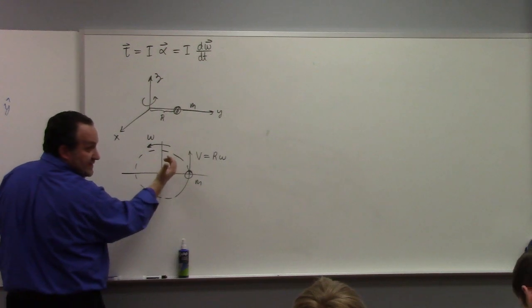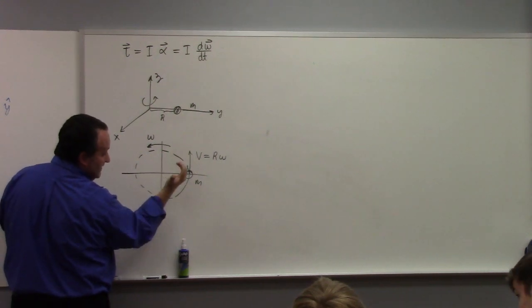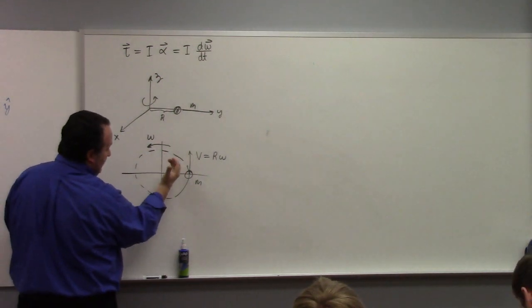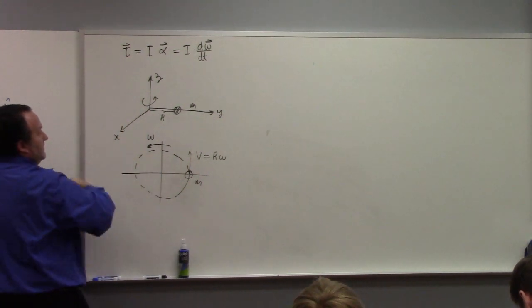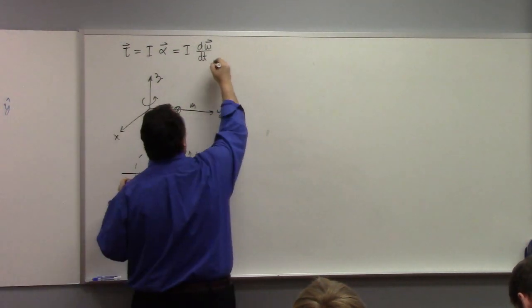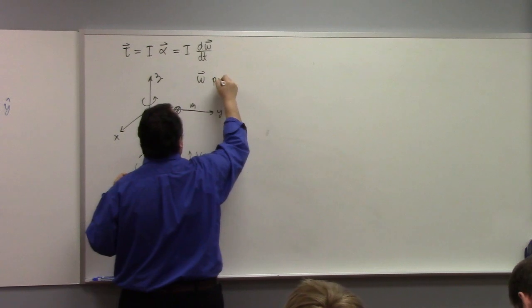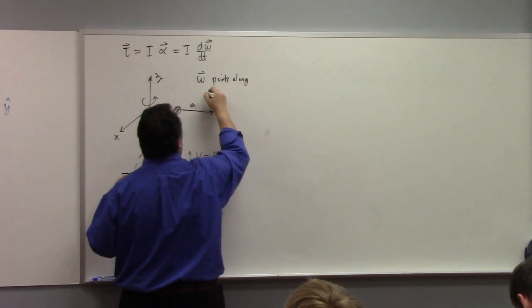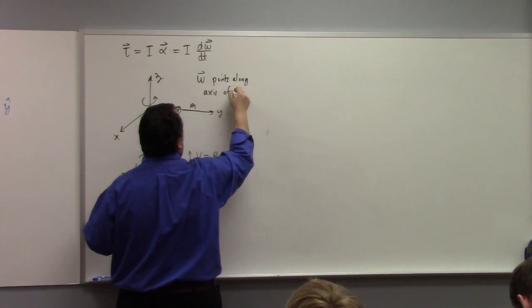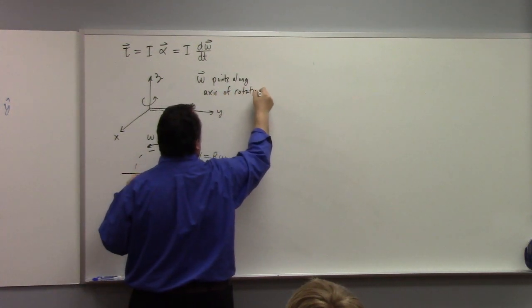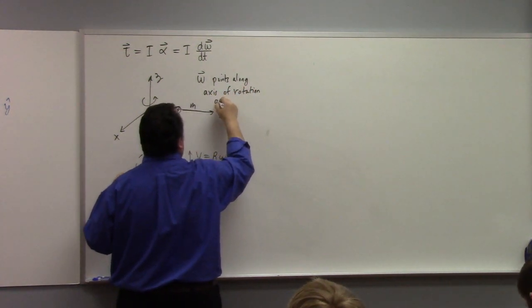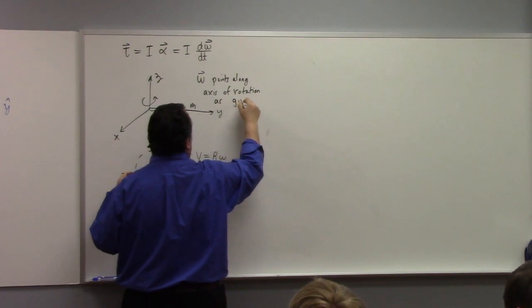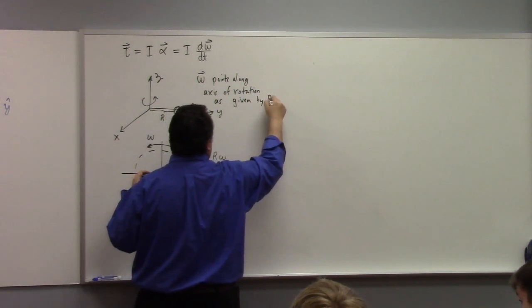The way your thumb points defines the omega hat, the omega direction. So here, omega points along the axis of rotation as given by the right-hand rule.